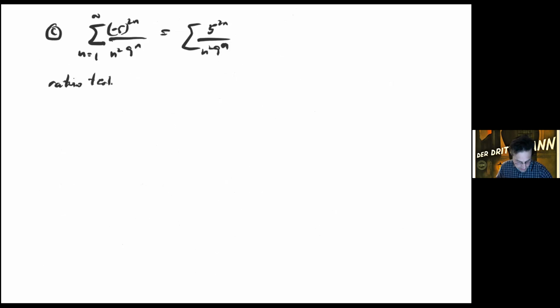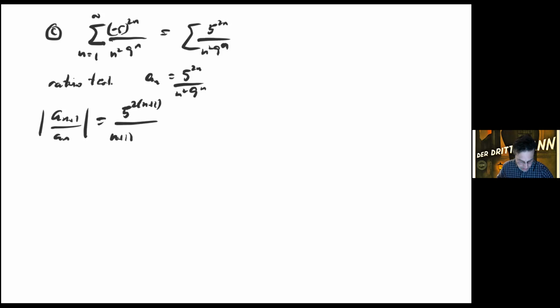So a sub n here is 5 to the 2n over n squared times 9 to the n. So a sub n plus 1 over a sub n. This is a series with positive terms, so you don't have to take absolute value, but let me put absolute value here. So it would be 5 to the quantity 2n plus 1 over n plus 1 squared times 9 to the n plus 1, times the reciprocal of a sub n, which is n squared 9 to the n over 5 to the 2n.